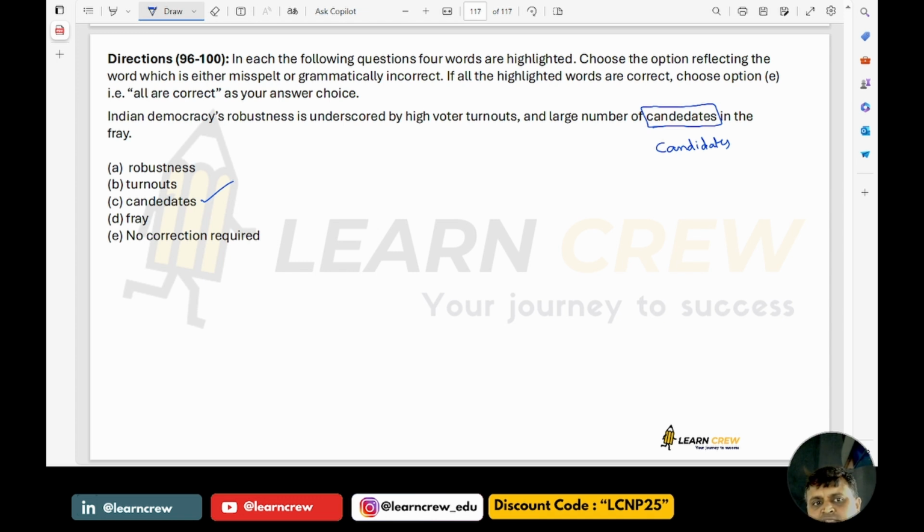You have to practice so many sets, so many papers, thereby the mistakes will be reduced and your negative marking will not be there. Normally what happens is I believe that my answer is correct and I will go for it, but sometimes students make mistakes in answering. So to avoid negative marking, you have to practice.